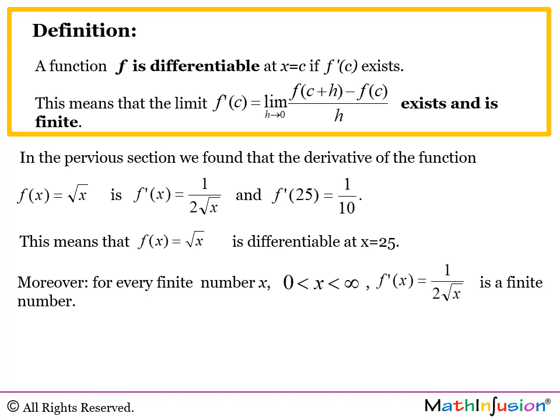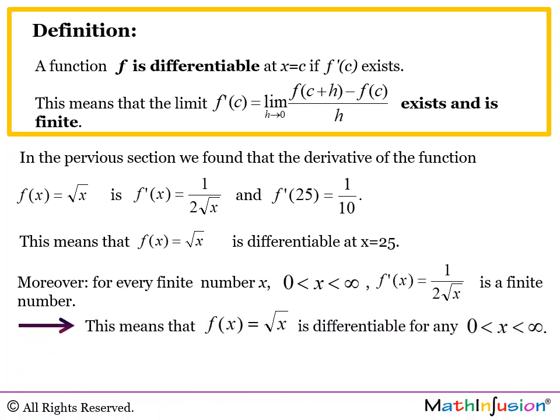Moreover, for every finite number that is more than 0, the derivative, which is 1 over 2 square root of x, is a finite number. This means that f(x) is differentiable for any value of x which is larger than 0.